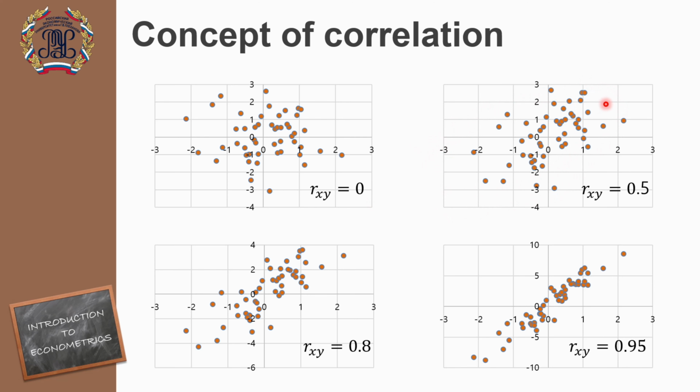You see, in the first and the third quarters, there are more data points than in the fourth and the second. And here the correlation coefficient equals 0.5. If we take a look at this graph, the dependence grows stronger. And it is reflected in the correlation coefficient as well. It equals 0.8. And finally, you see for the correlation coefficient 0.95, we have a very strong relation of x and y.